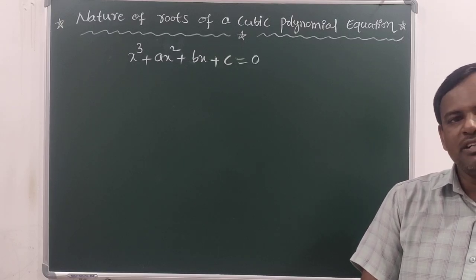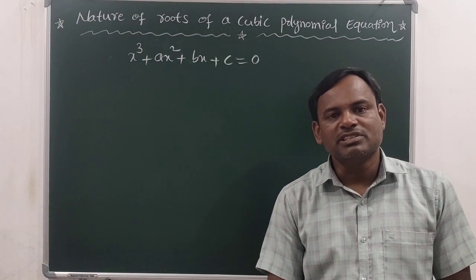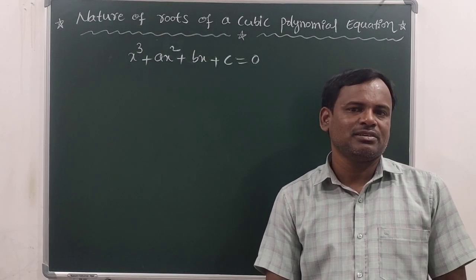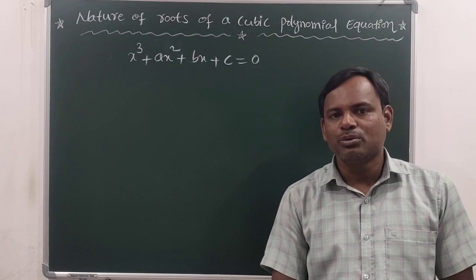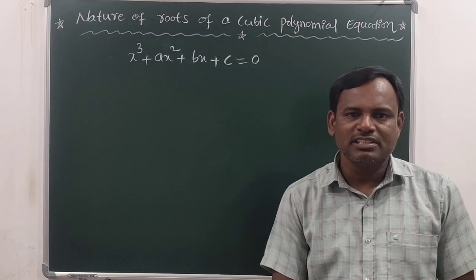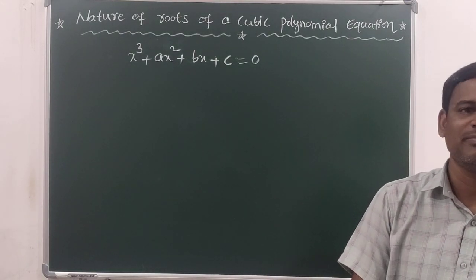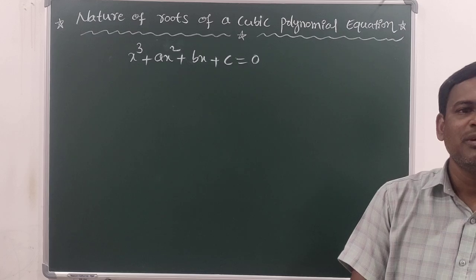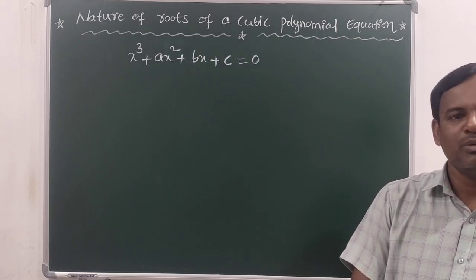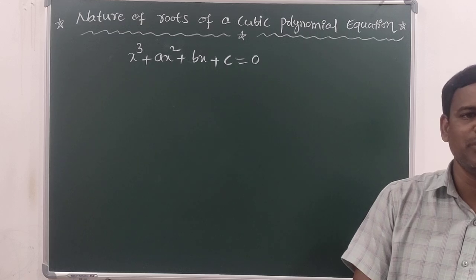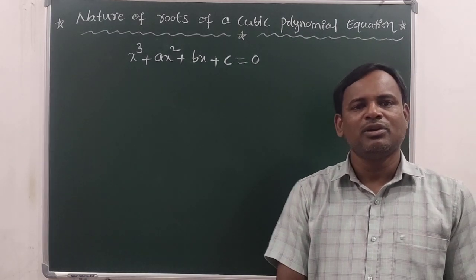Whenever an equation gets complex roots, they come pairwise, meaning that complex roots may be 2 or 4 or 6, 8 and so on. An even number of complex roots will occur, and complex roots are conjugate to each other. You know the meaning of conjugate complex roots. If one of the roots is 2 plus i, then the other will be 2 minus i.